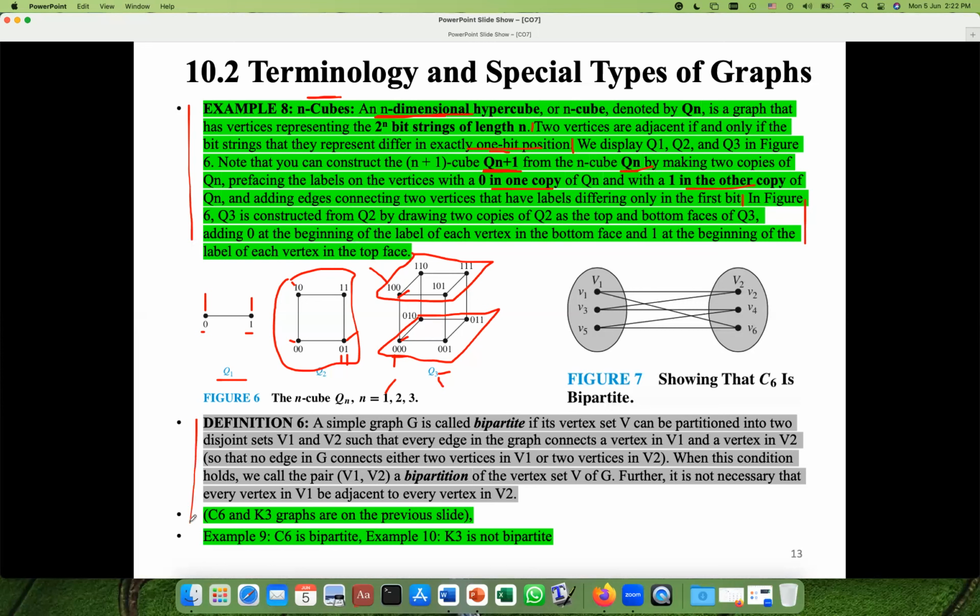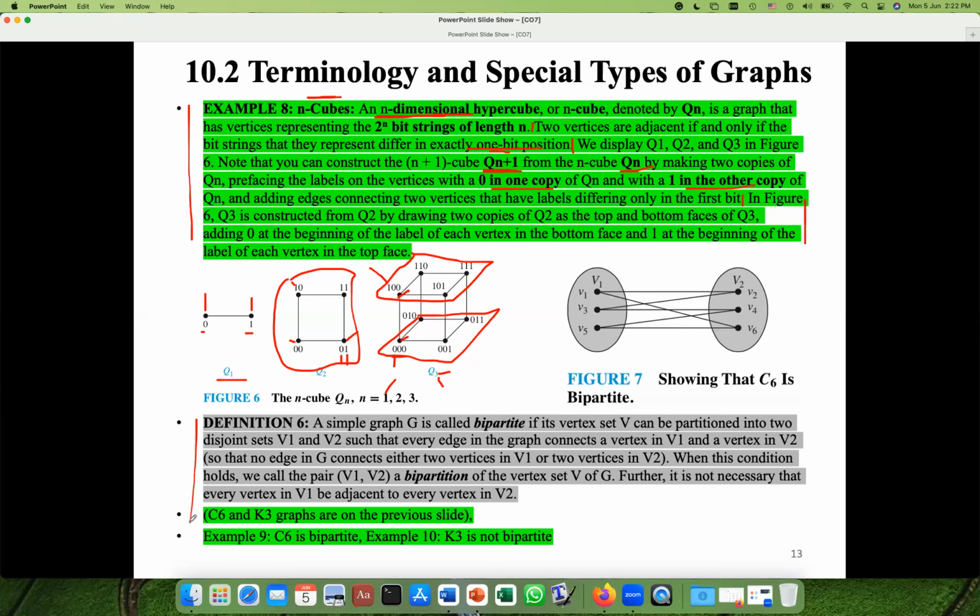For example, suppose you have some graph C6, displayed in the previous slide, in which you have 6 vertices connected with each other. So this is maybe V1, V2, V3, V4, V5, V6. Now you have to divide that vertex set into two sets of vertices. For example, this V1 is the first set, V2 is another set.